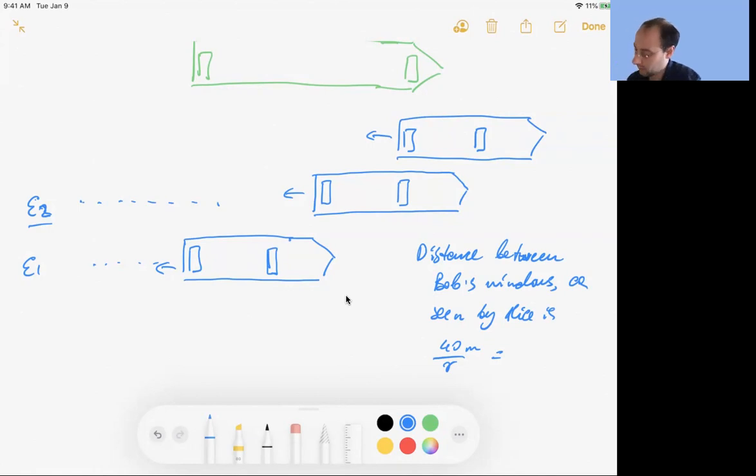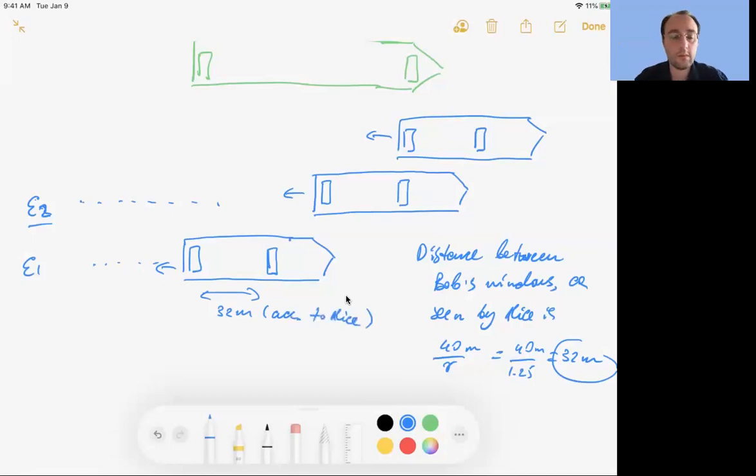So this is 32 meters, again according to Alice. It was 40 according to Bob.